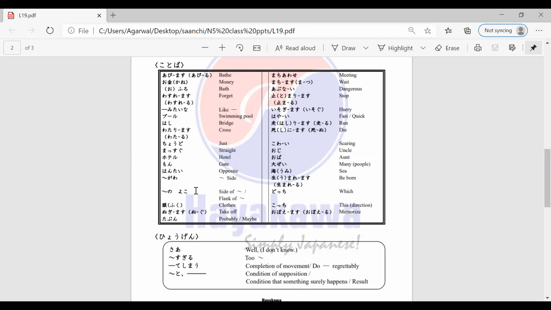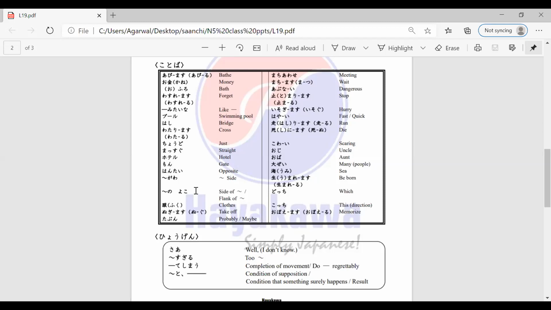The next i-adjective is hayai, which means fast or quick. So hayai, is it i-adjective or na-adjective? I-adjective. Very good, it's an i-adjective. So the next word is hashirimasu or hashiru, which means to run.